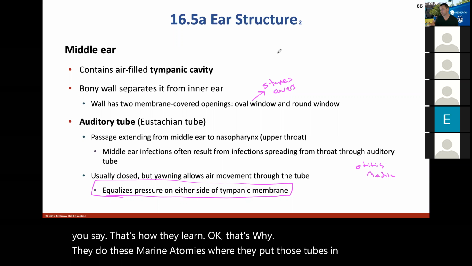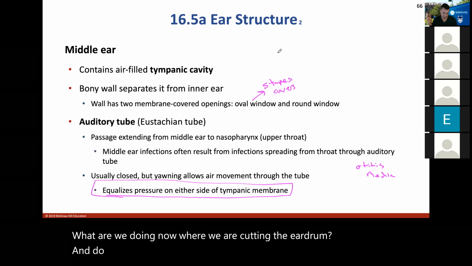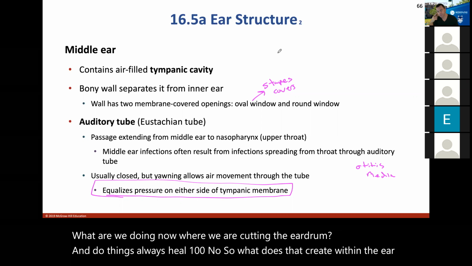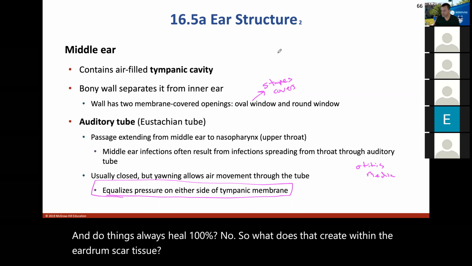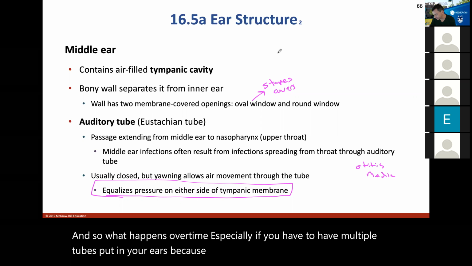Now, what are we doing though? We are cutting the eardrum. And do things always heal 100%? No. So what does that create within the eardrum? Scar tissue. And so what happens over time, especially if you have to have multiple tubes put in your ears because your body keeps pushing them out?